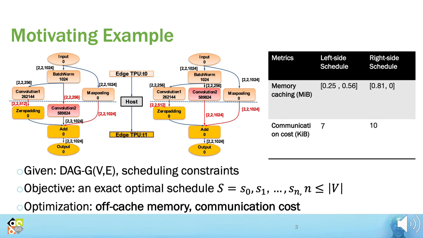This variance in scheduling choice impacts the memory caching and the communication cost. From the memory usage perspective, the left schedule outperforms by having balanced memory usage for each stage and less communication cost. This difference will result in enhancement to runtime and energy efficiency.